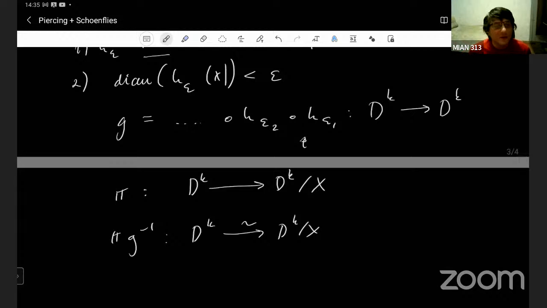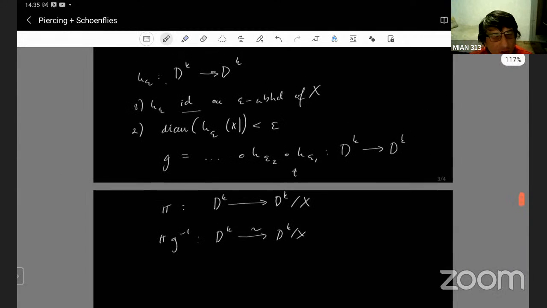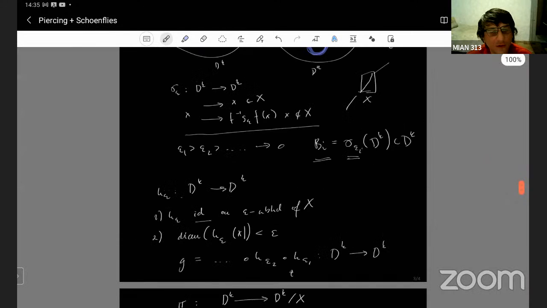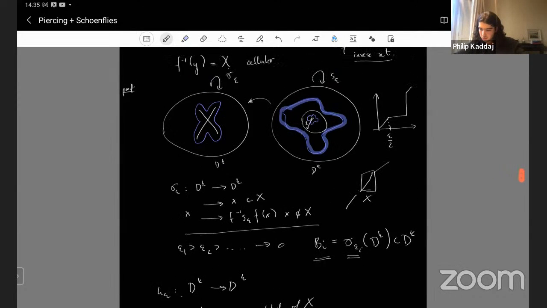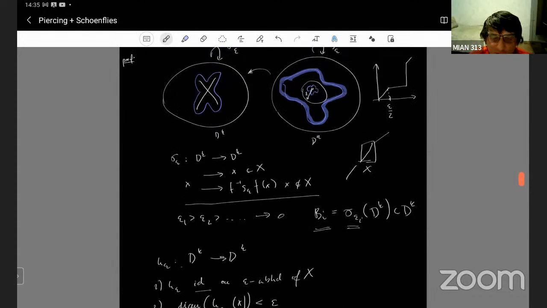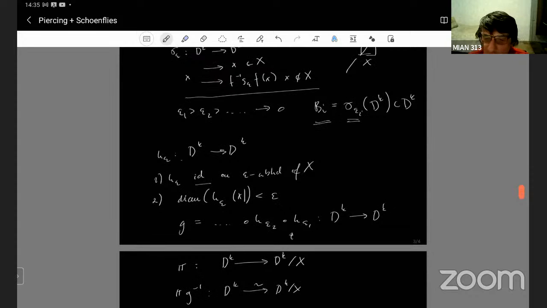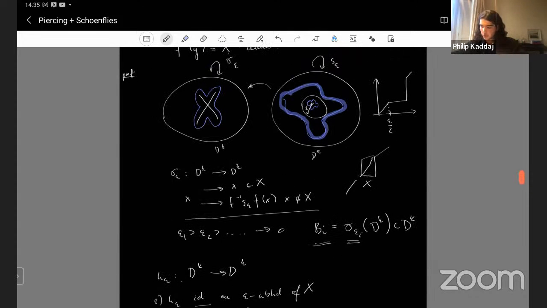Sorry, I'm not getting then what are these h epsilon? I thought they are contractions in the preimage like you defined before. Is it like sigma epsilon? H epsilon is the same as sigma epsilon? No, they're slightly different. So h epsilon is, I extend by identity on either side.